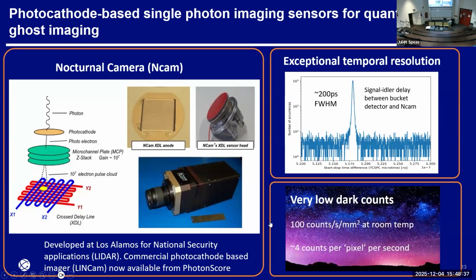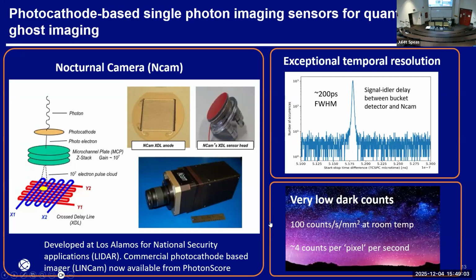I'm going to tell you how they work. You take a photon and convert that into a photoelectron at a photocathode. Once this is an electron, you can amplify it through a microchannel plate stack. You can take that one electron and turn it into 10^7 electrons. That electron cloud then impinges upon an anode array. You have one wire serpentining through, which gives you sensitivity in X, and another wire serpentining through here.